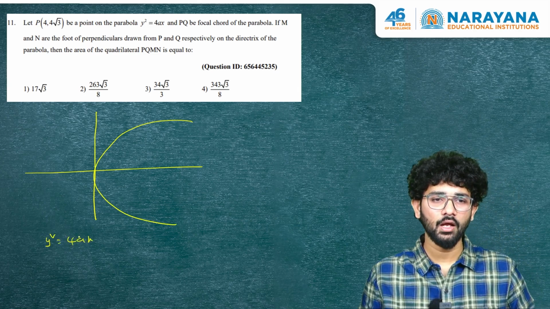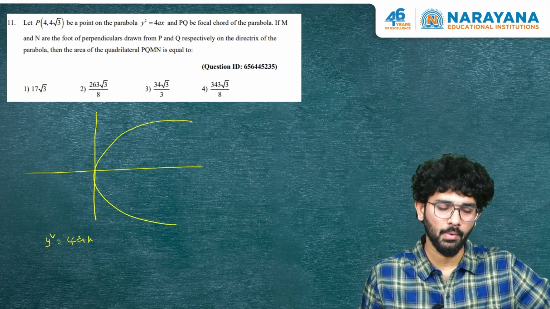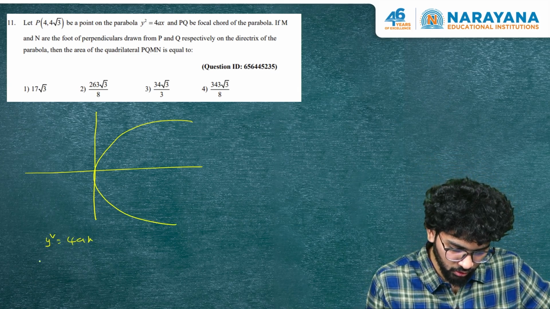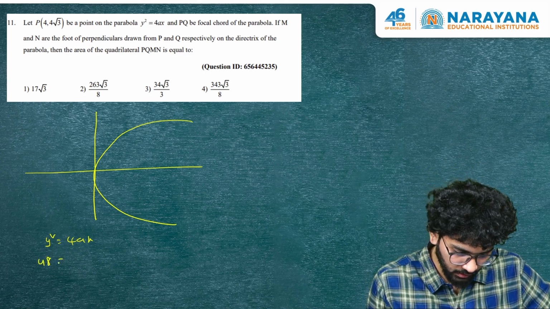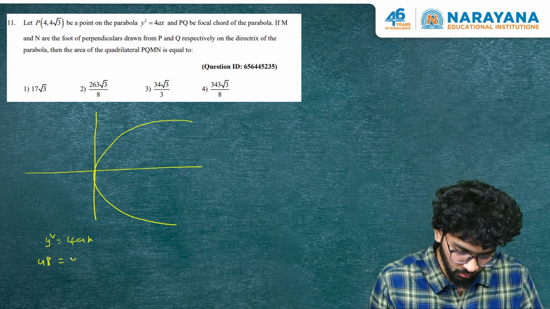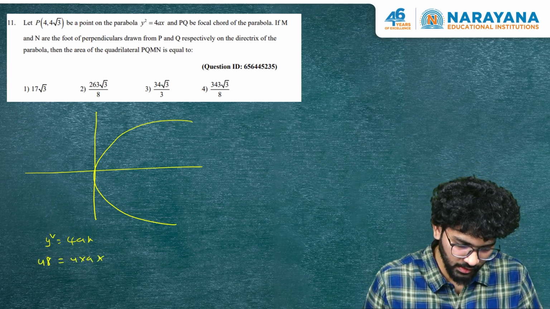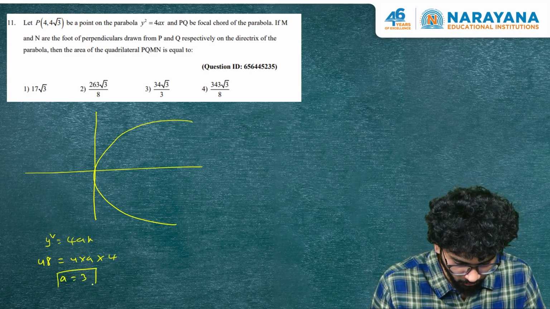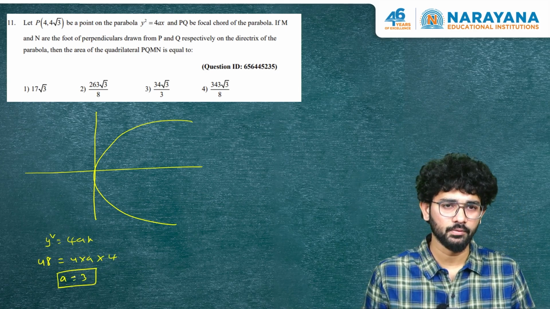To calculate the value of a, he has given a point on the parabola, that is 4 comma 4 root 3. If I substitute that, 4 root 3 whole square, which is 48, is equal to 4 into a into the value of x, which is 4. So 48 by 16, a is equal to 3.